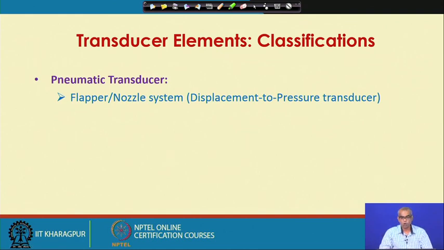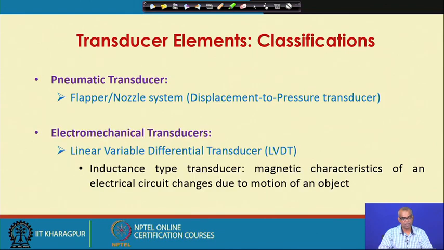So, let us talk about classifications of transducer elements. Let us broadly classify them: pneumatic transducers and electromechanical transducers. These are the two transducers that we will talk about in this week.